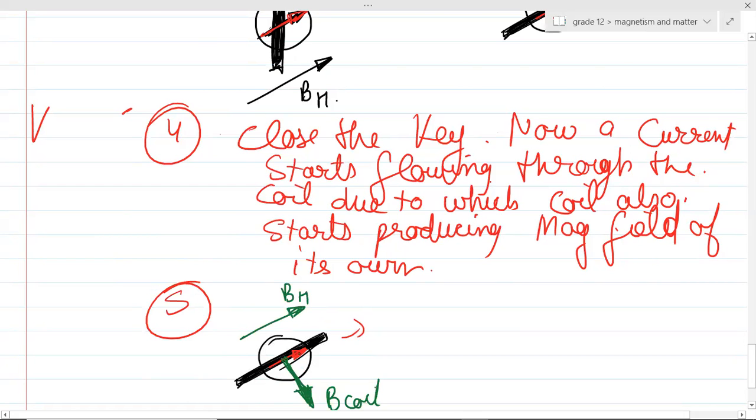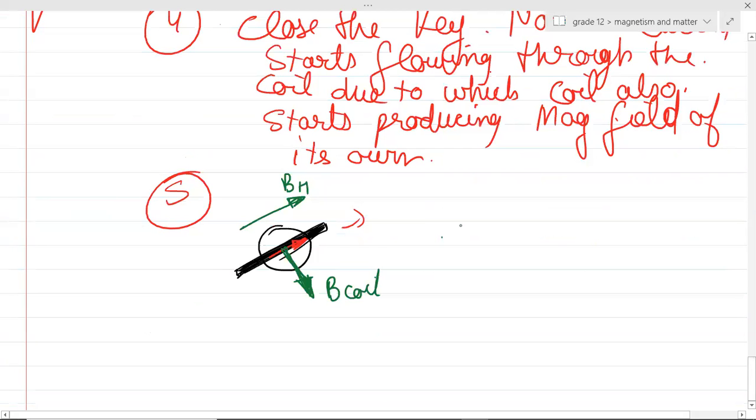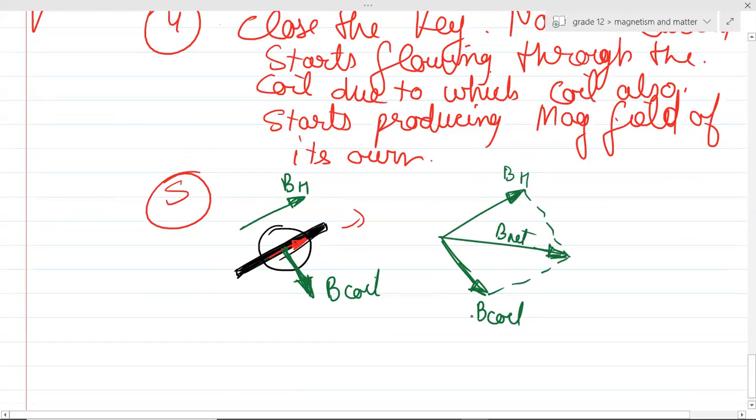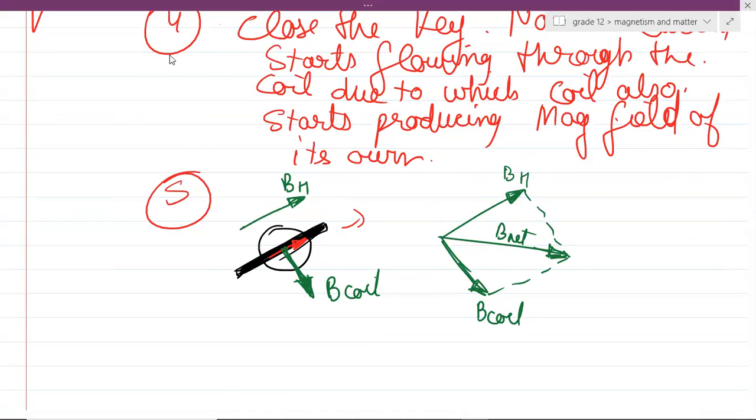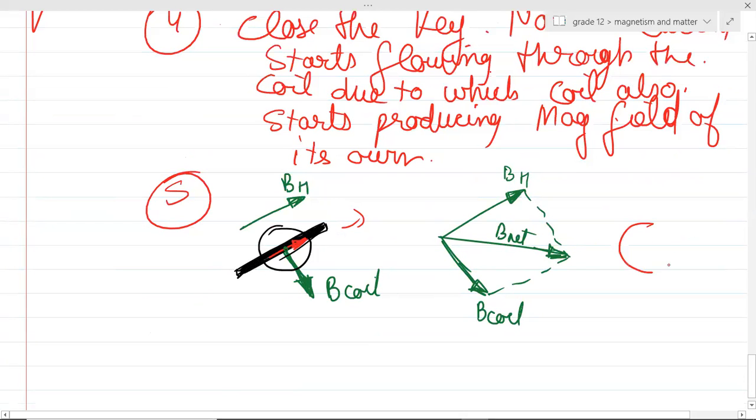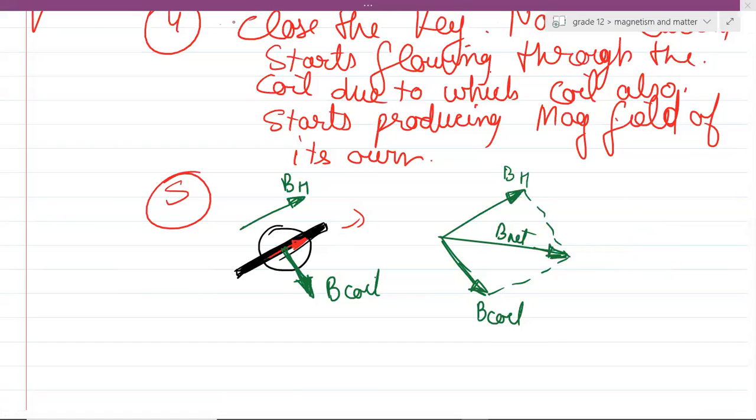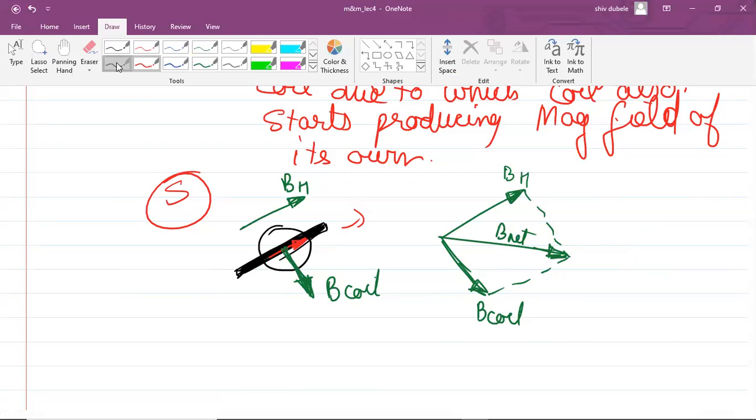Will the needle remain in the same direction? Guys, tell me. No, right? Due to this, the net magnetic field due to them will be in this particular direction. So the needle will also try to align itself along this net magnetic field.